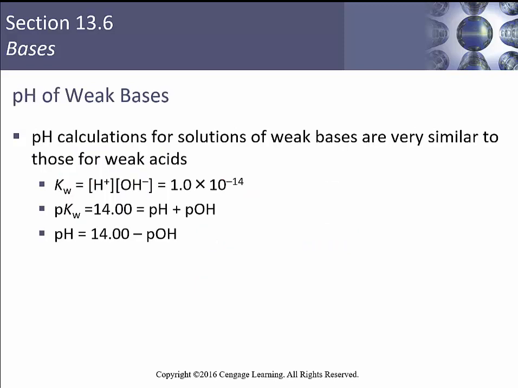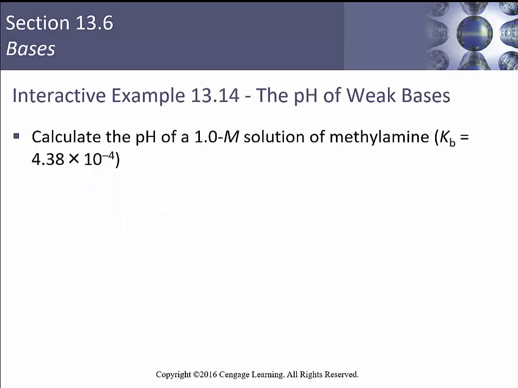The pH calculations for solutions of weak bases are very similar to those for weak acids. We're going to need a couple of pieces of information. One is this relationship between Kw and ultimately pH and pOH, and between Ka and Kb. So let's calculate the pH of a 1 molar solution of methylamine, and they've given us a Kb, 4.38 times 10 to the minus 4.